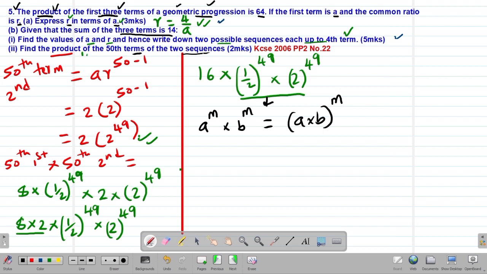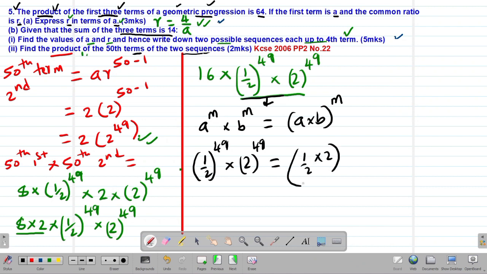Applying this rule on this part, if I take a half to the power of 49, then I multiply with 2 to the power of 49, because the powers are the same, this is the same as saying a half multiplied by 2, then the whole thing to the power of 49.